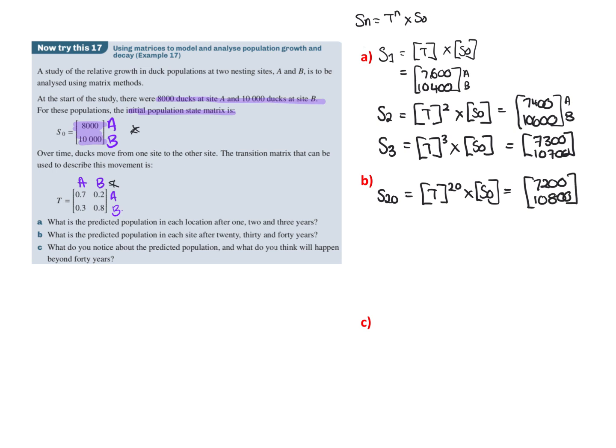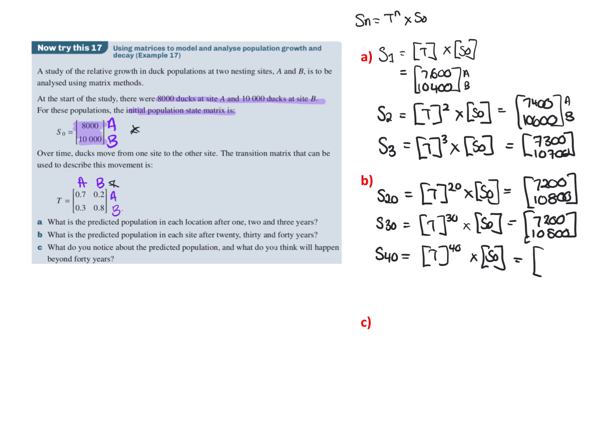Okay, and then S30, if I pop that one in, what I see there is I get the same 7,200 and 10,800. And if I do one more time, this time I'm going to do it at T40, I think we're going to get the same, and we do. We get the same amount again.